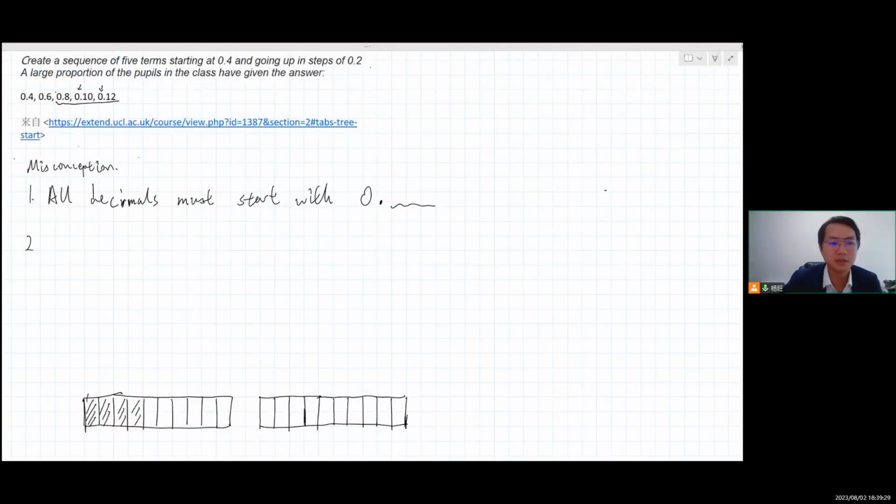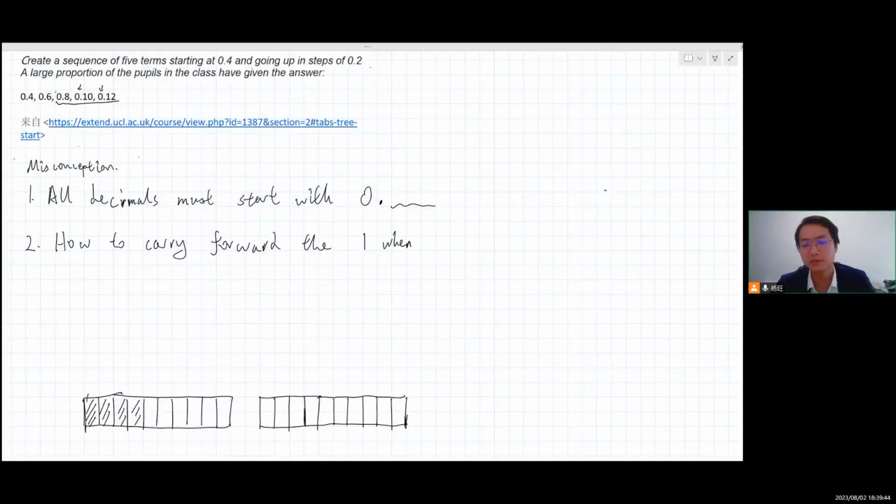Second is how to carry forward the 1 when reaching 10. So when reaching a different digit.